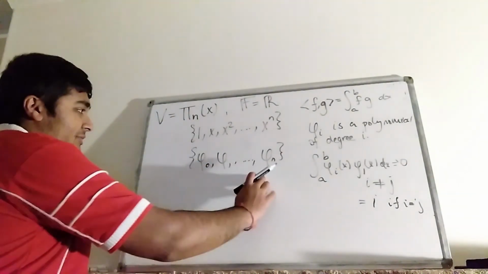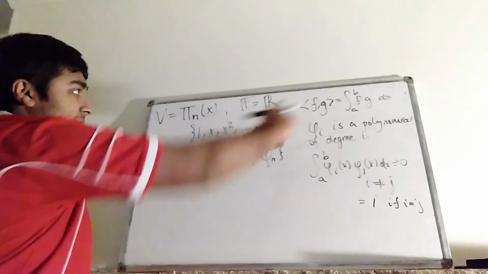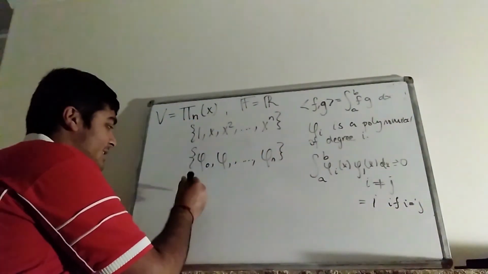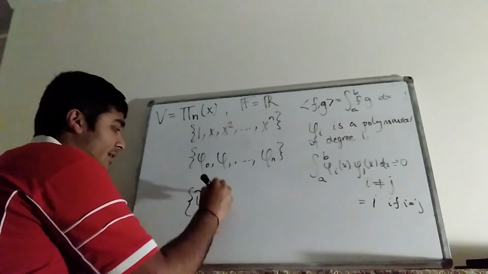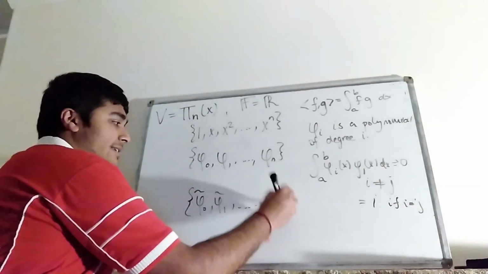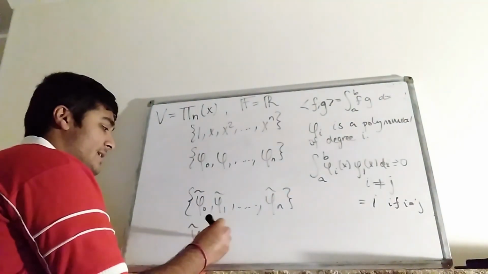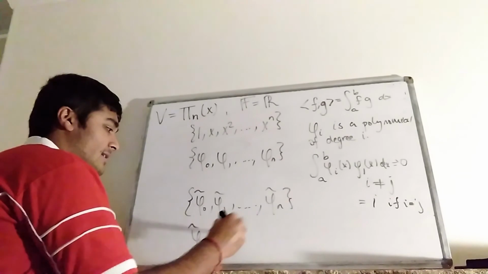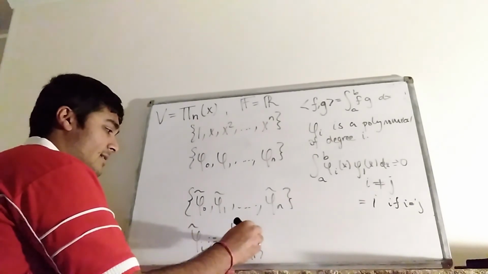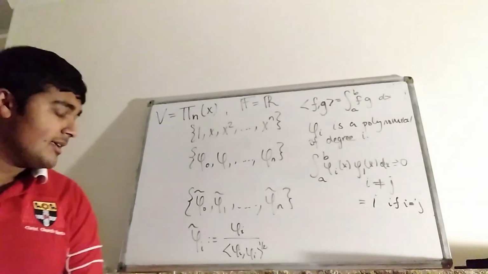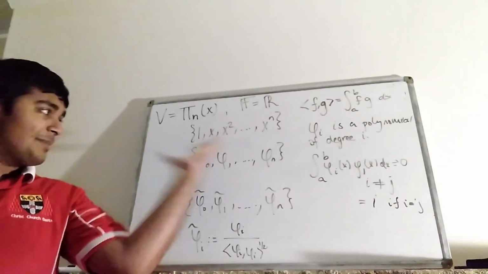So if these aren't orthonormal already, i.e. have unit length with respect to this inner product, we just look at this basis here, say phi naught tilde, phi 1 tilde, so on, all the way up to phi n tilde, where phi i tilde is defined to be equal to phi i divided by the square root of ⟨phi i, phi i⟩. Okay, so that's the basis we're going to be using.